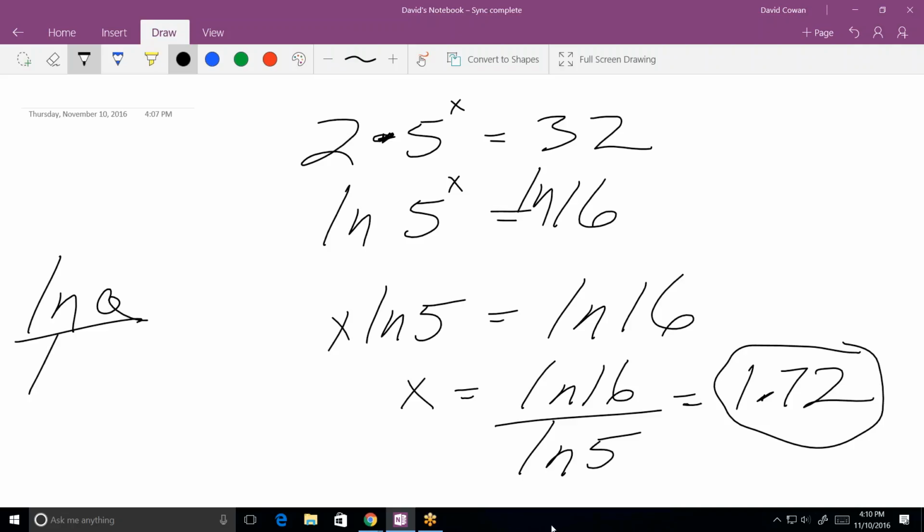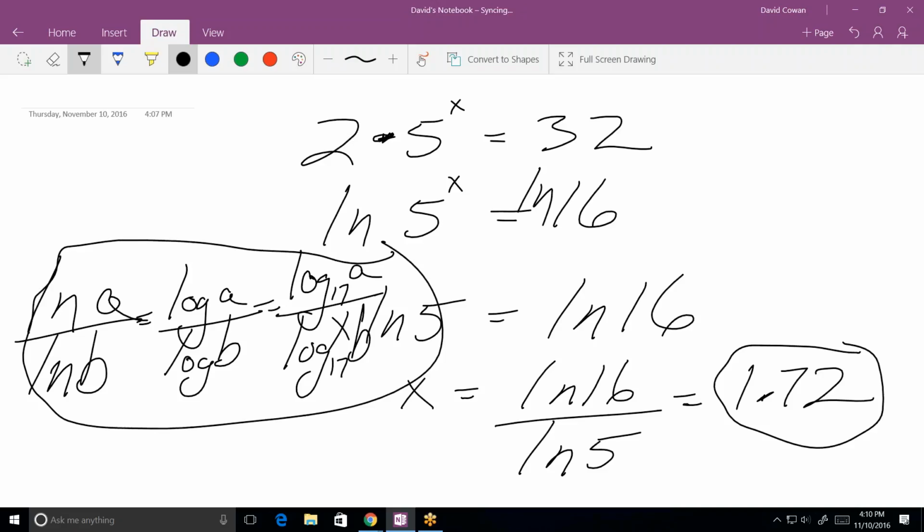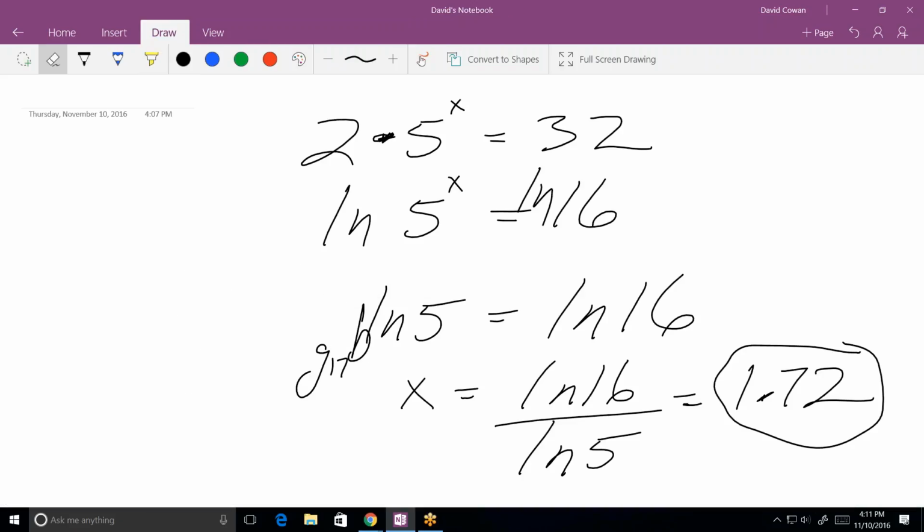Natural log of A over natural log of B is equal to the common log of A over the common log of B, and it's equal to the log base anything you want of A over the log of that same base of B. So all of these ratios are the same no matter what A and B are. So it doesn't matter whether I do common log, natural log, anything, because I'm going to end up with a ratio of logs here.